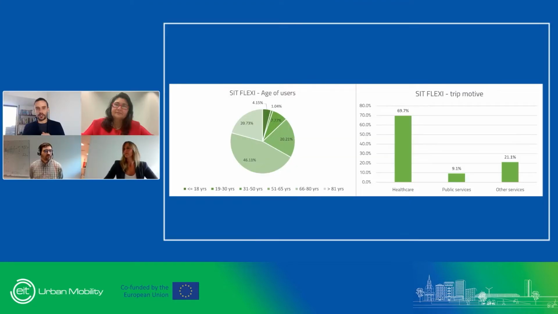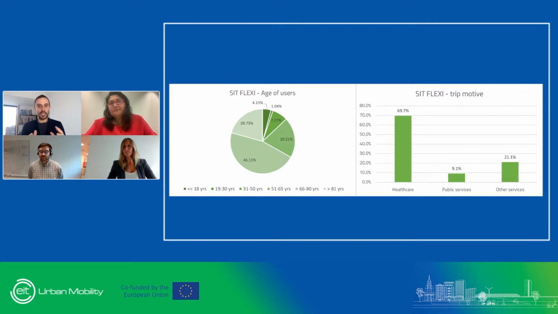But understanding the users is also important in developing demand-responsive transport services. And in the report published today by EIT Urban Mobility, I noticed a specific project carried out in Coimbra based on a local DRT service called Sit Flexi. And maybe we can just show the graphic that captures an element that I would like you to comment on.